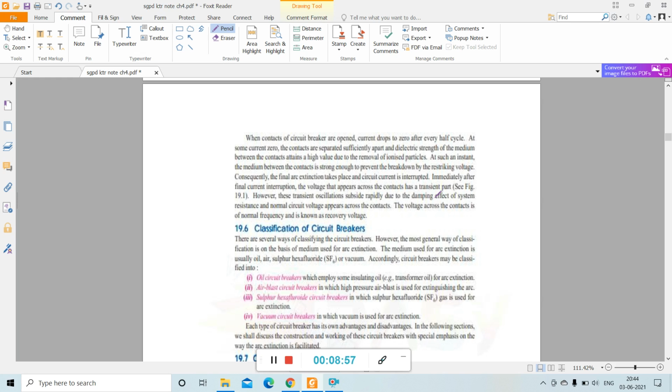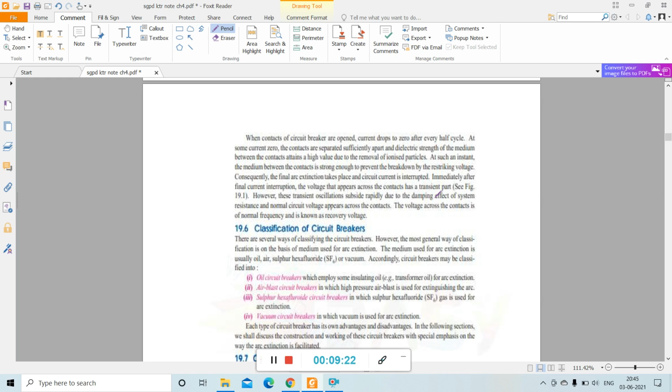At such an instant, the medium between the contacts is strong enough to prevent the breakdown by restriking voltage. Consequently the final arc extinction takes place and circuit current is interrupted, and immediately after final current interruption, the voltage that appears across the contacts has a transient part.